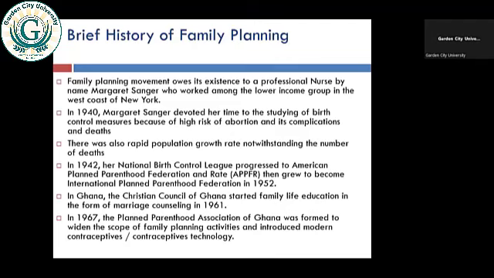So they decided not to leave it to the Christian Council of Ghana alone, which would have limited it to different churches. They now expanded it to Planned Parenthood Association of Ghana in 1967. And then the scope was widened and family planning activities were introduced, and modern contraceptives and contraceptive technology were used.